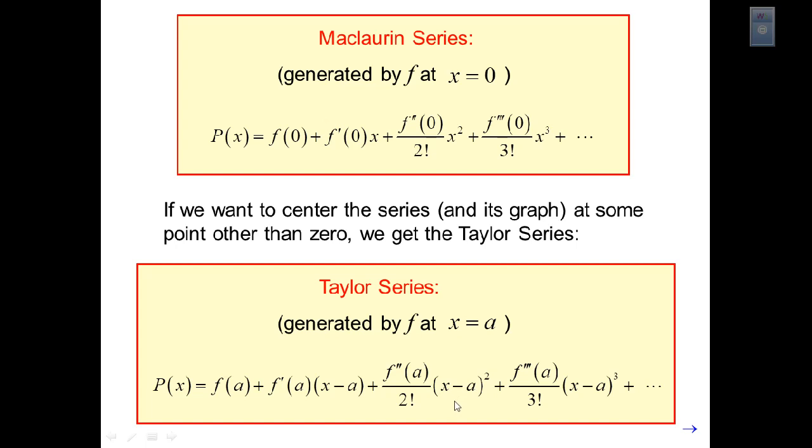You've got to FOIL it, and you're going to get the actual polynomial there. So this is generated at x equals a, where a is some value other than 0, and that's a Taylor series. A Taylor series is all-inclusive. It includes all this, but the Maclaurin series is always based at x equals 0.